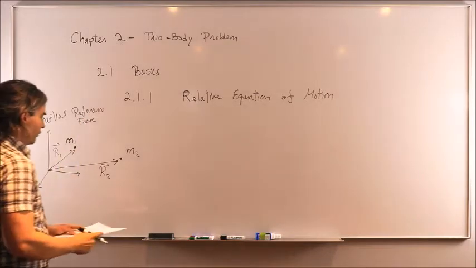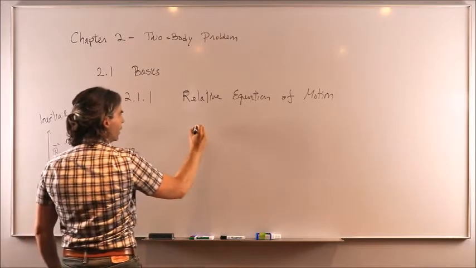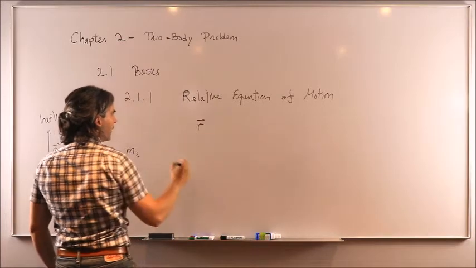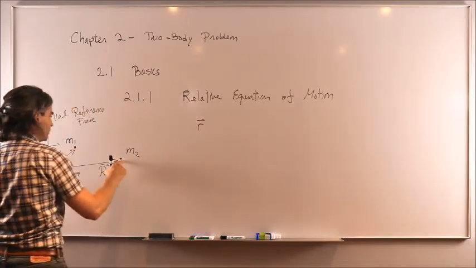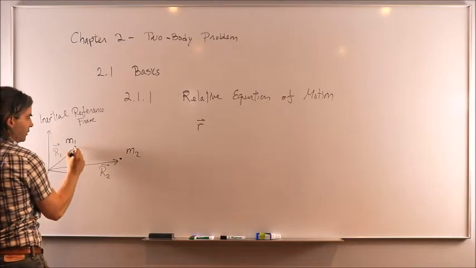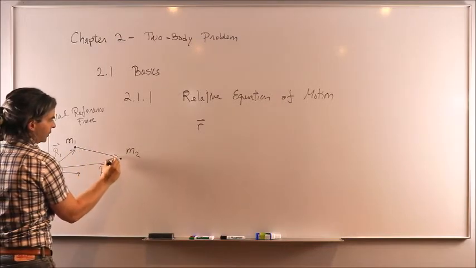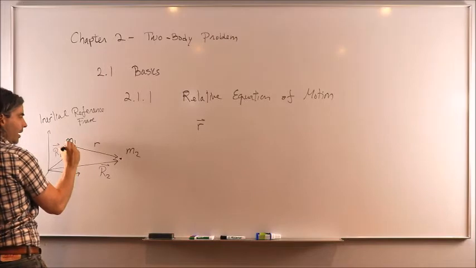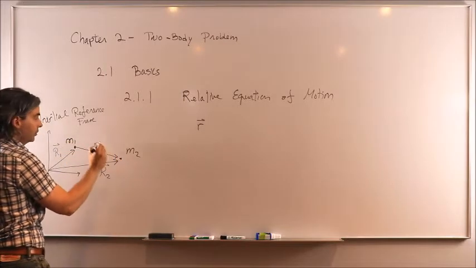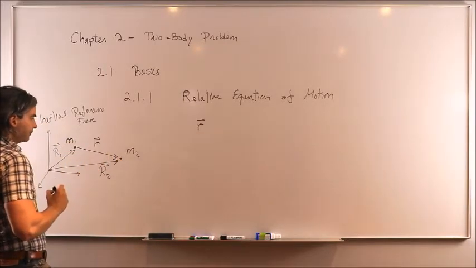Okay? Furthermore, let's denote small r as the position of M2 with respect to M1. So let's draw small r from M1 all the way to M2, like that.